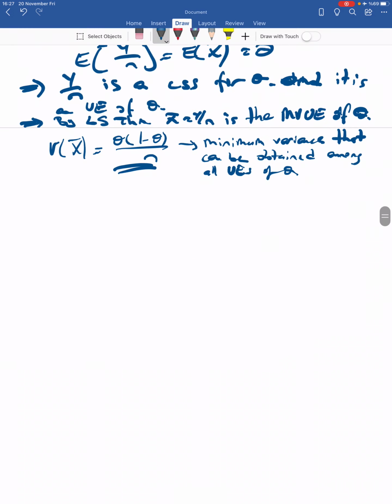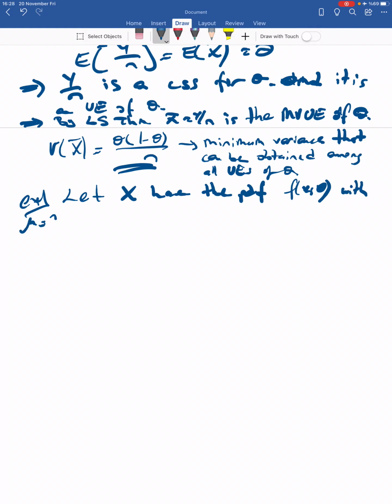Okay, so let's consider another example. This is a simple example actually, you don't have to do many jobs here. Let X have the PDF f of x; theta with mu equals 2 theta and sigma square equals 2 theta square.